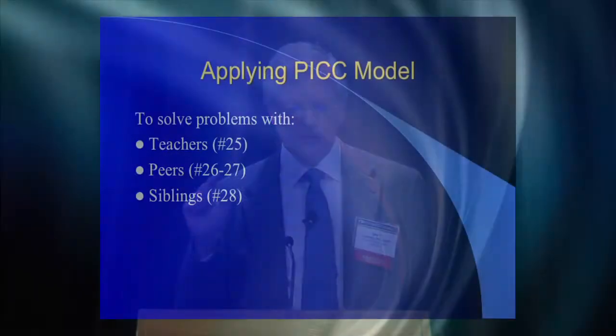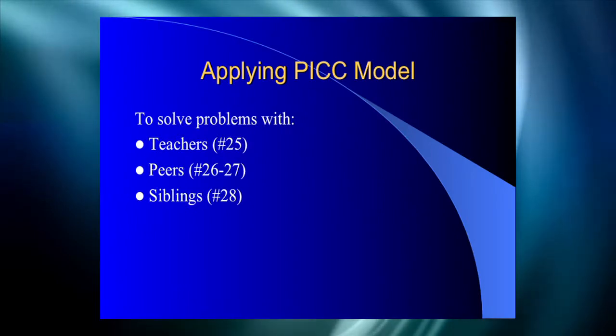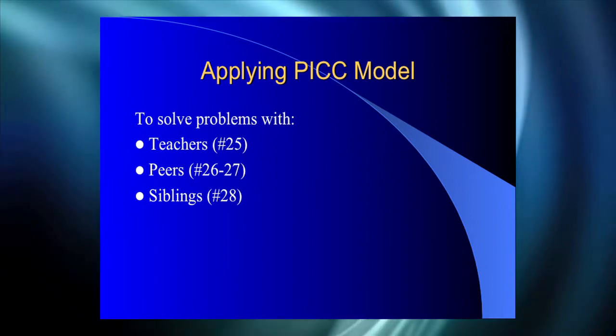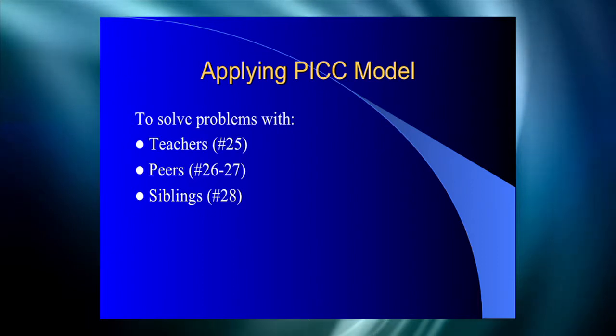There's a set of other sessions as part of this problem-solving module where we have, in one session, 25, we specifically deal with problems you can have with your teachers, and it kind of loops back to some of that perspective-taking work we've done before, and then we bring up how to use the PIC model around that.